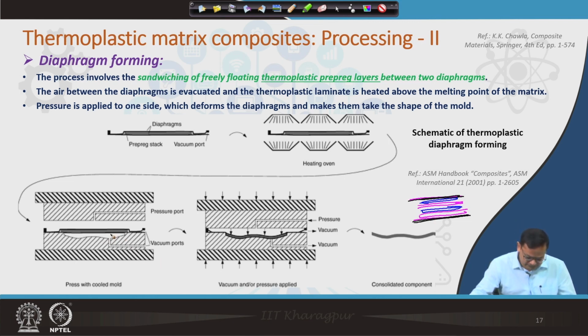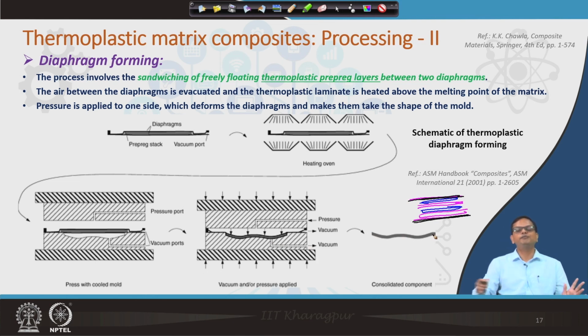So, again two kinds of pressure are being applied, from the inward a vacuum and from outward a pressure, and that leads to deformation of the diaphragm according to this mold, and obviously whatever is inside the diaphragm, that is basically these layers of thermoplastic film and the fibers, also gets deformed like this, taking the shape of the mold, and then ultimately it gets solidified. So, you get a shape like this.